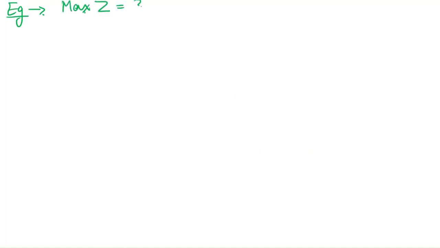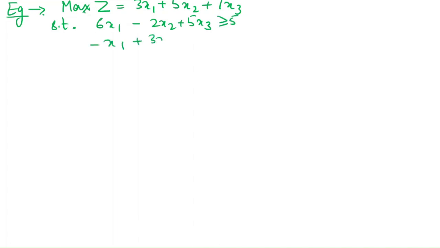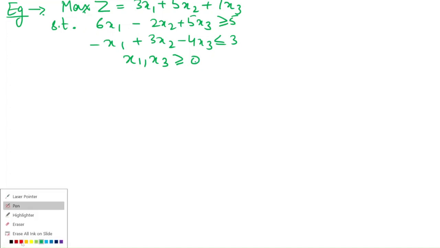Maximize z, 3x1 plus 5x2 plus 7x3 subject to the constraints. So now here again you have to keep all the characteristics in mind.